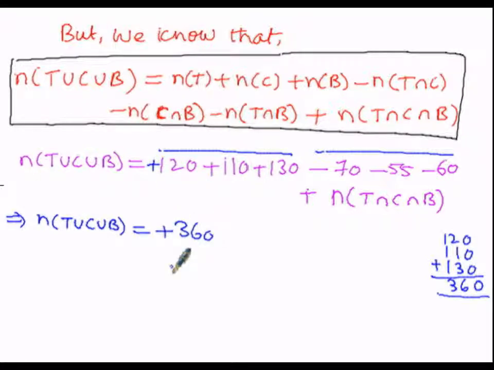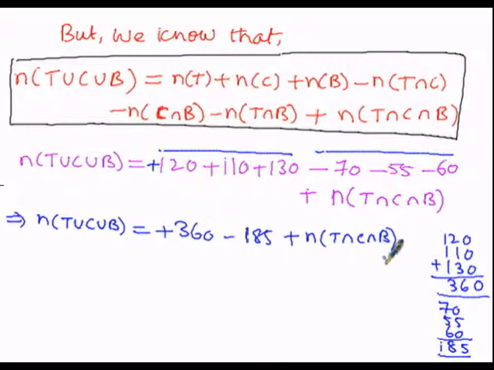Then 70 is negative, 55 is negative and 60 is negative, so all three terms are negative and we add them up. 70, 55 and 60: 5 plus 5 is 10, 6 plus 5 is 11, 11 plus 7 is 18, so 185, with a negative sign because all are negative. Then the last term must be copied as it is, that is n of T intersection C intersection B.